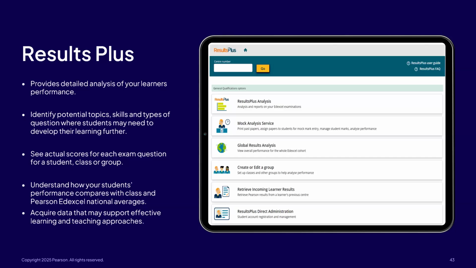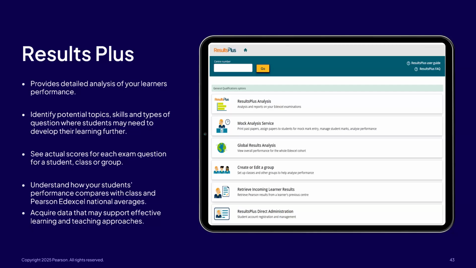And it gives you that sort of data that enables you to support effective teaching and learning approaches. So I'd recommend after each series that you really try to use Results Plus, because that analysis is very useful in terms of thinking, well, actually, look, it was the AO1 on something where the mark didn't seem to be quite so good.